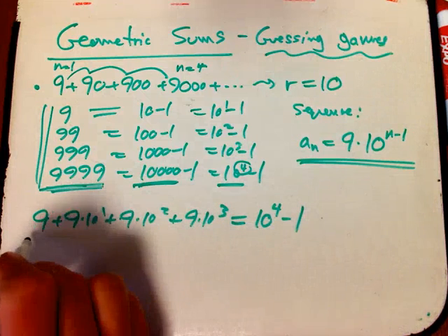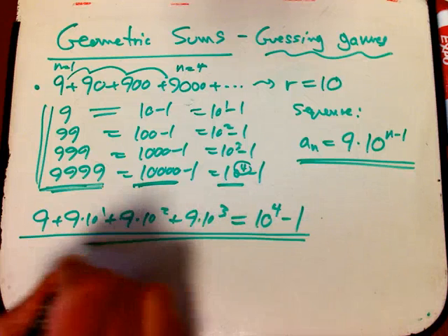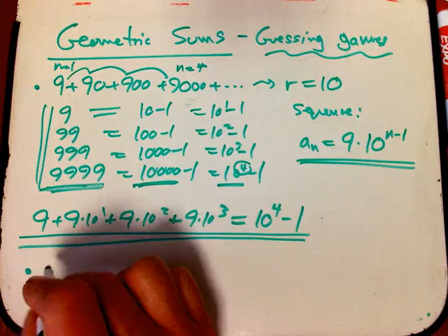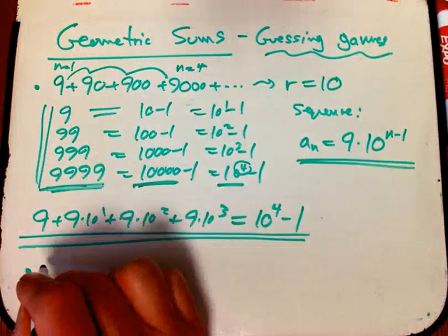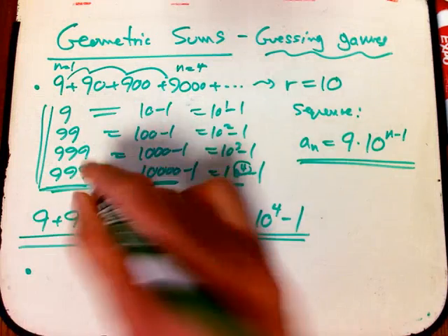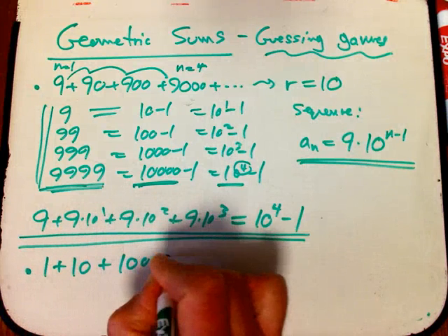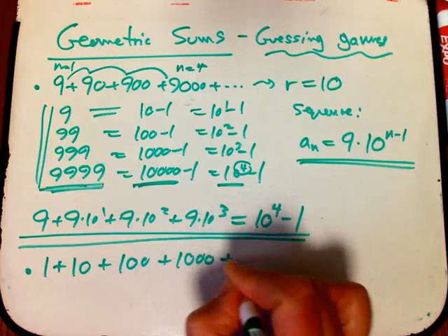Okay, so we want to go beyond that in our guessing games to get further. The next one I usually do is what if I wasn't so clever as to have started with 9 to get these beautiful 9999 numbers? What if I just started with something simpler, 1 plus 10 plus 100 plus 1,000?